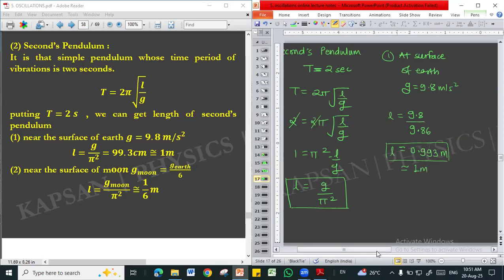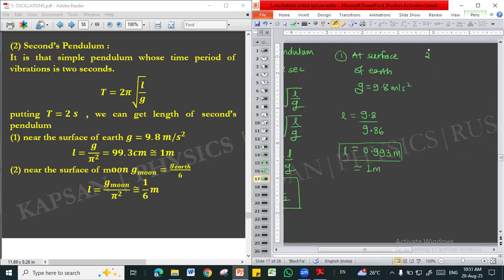What if you are on the surface of the moon, not on the surface of the earth? So at the surface of moon, what is the problem? G will not be 9.8. On the surface of moon, G will be somewhere around 1/6 of G on the earth. In that case, length of the pendulum will be G by pi square.